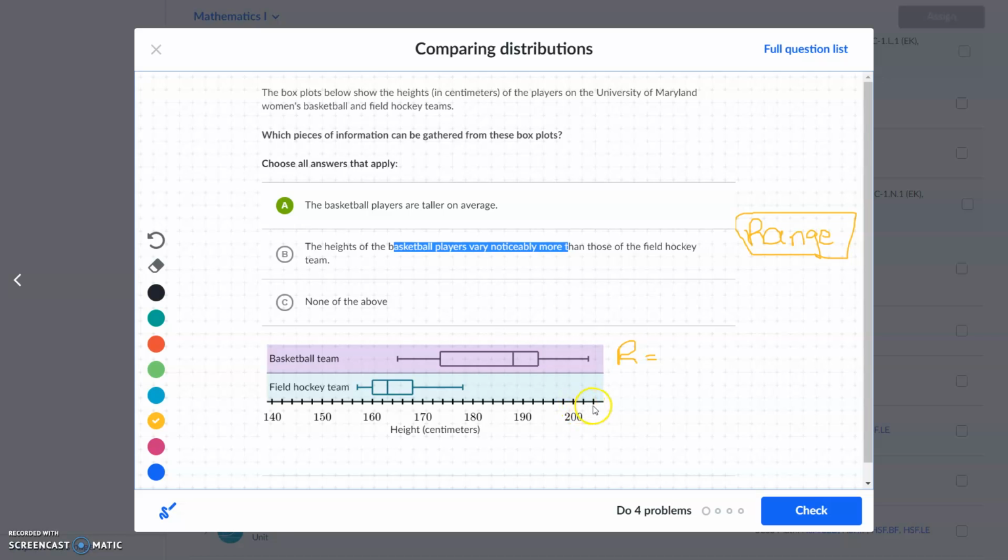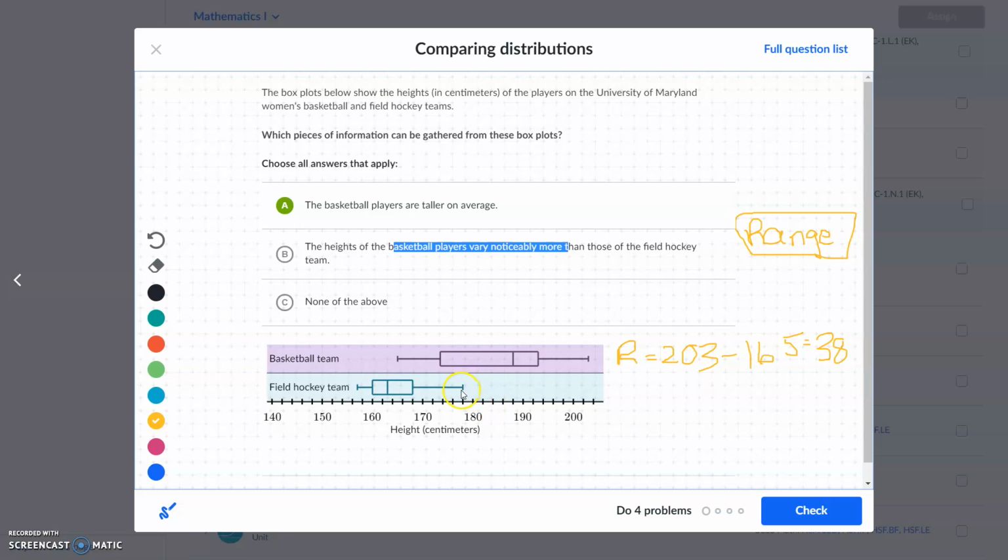So the maximum, I think, is 203, minus 162, 164, 165, somewhere around in there. Let me get my calculator out. I'm going to use the one on my phone. So we've got 203 minus 165. It's going to be 38. So the range for the basketball players is 38.